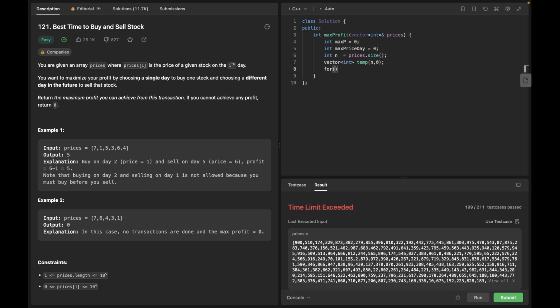Let's iterate from n-1 all the way up till 0 and find the maximum price of the stock for the days beyond it.